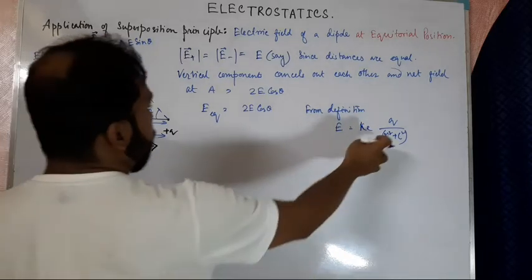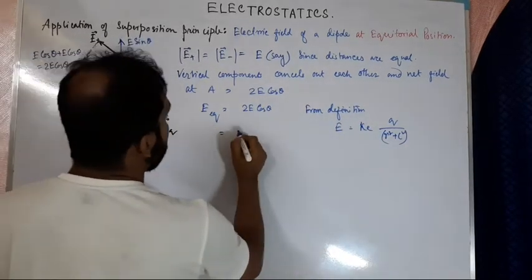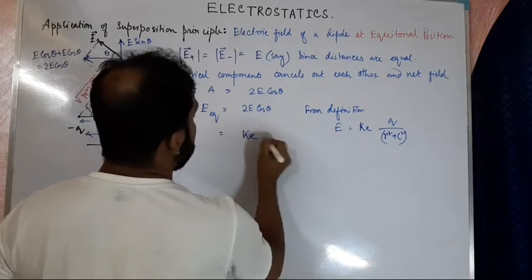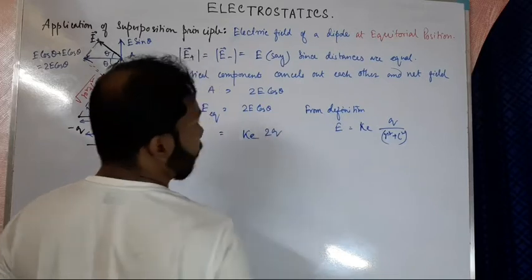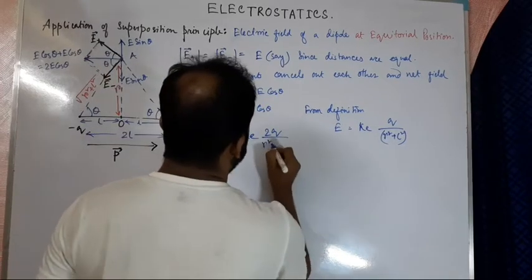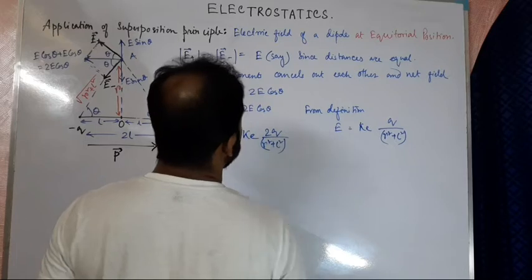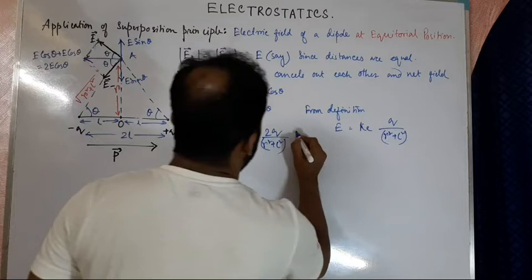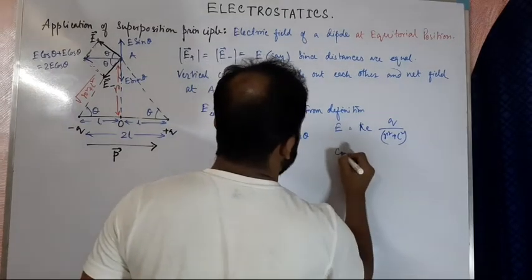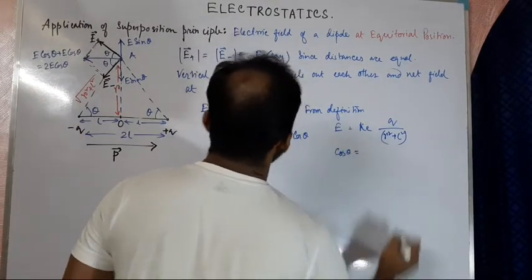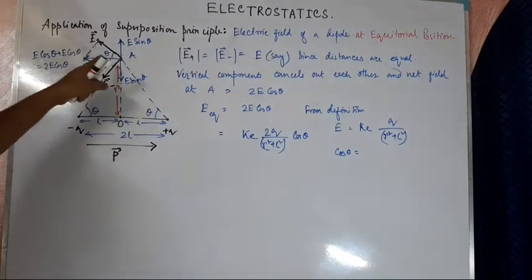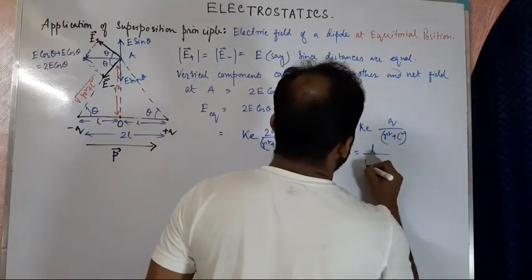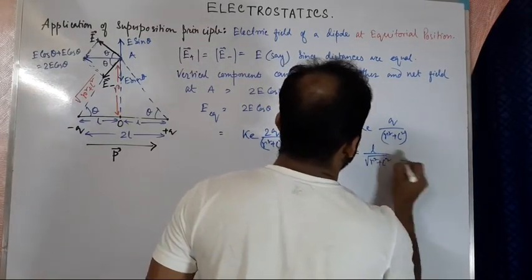So let me put this value here: 2 Ke, I'm taking the 2 with the charge Q, over R square plus L square. Now the term cos theta. What is cos theta? Cos theta can be read from here, base by hypotenuse, so it will be L by root over R square plus L square.